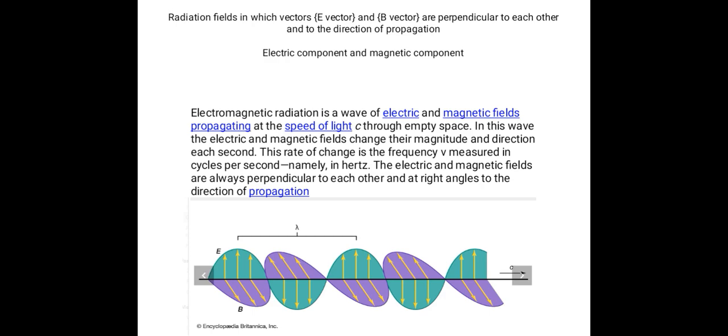So we can see a structure of electromagnetic wave. We have mentioned a point where in this wave the electric and magnetic fields change their magnitude and direction each second. This rate of change is the frequency measured in cycles per second, namely in hertz. The electric and magnetic fields are always perpendicular to each other and at right angles to the direction of propagation.